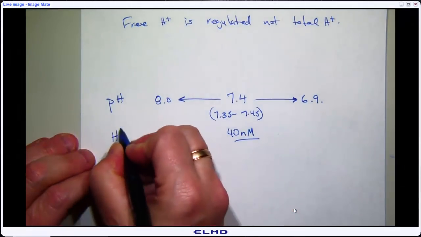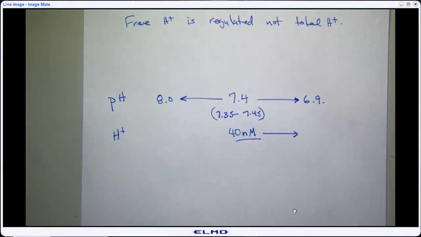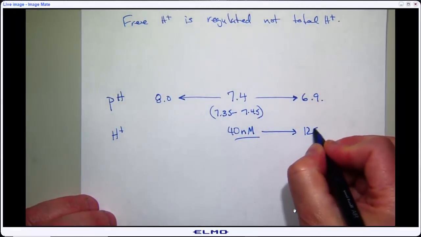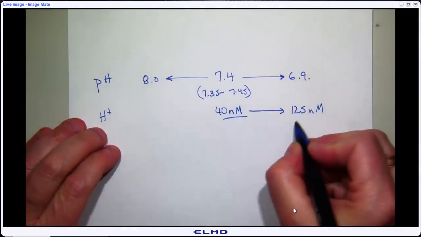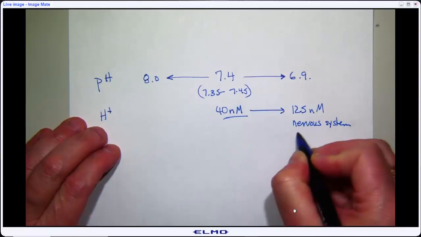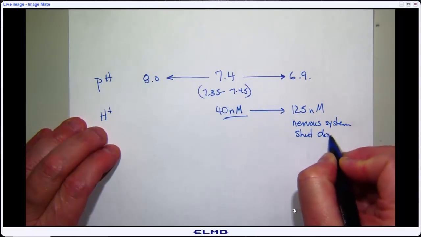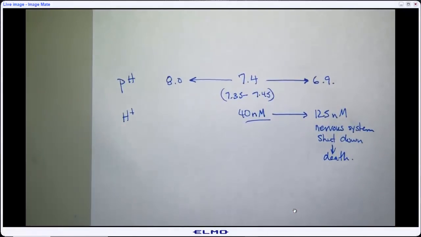If our pH were to go down, which means our hydrogen ion goes up to 125 nanomolar, okay, so not even a 10-fold increase, free hydrogen ion, that'll result in a nervous system shutdown and death. So super bad day.